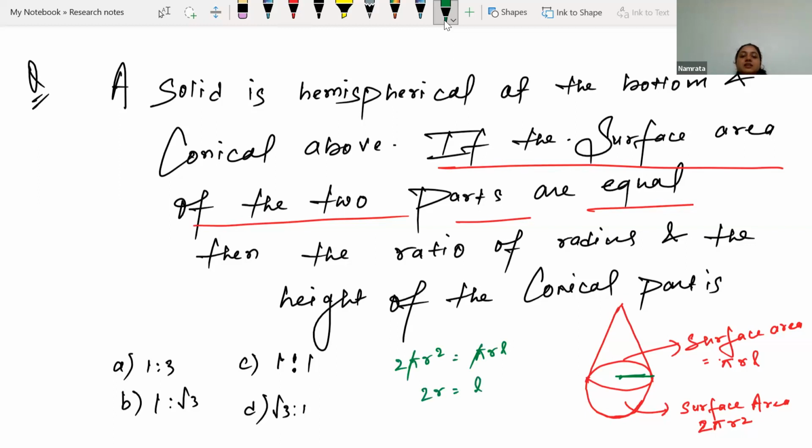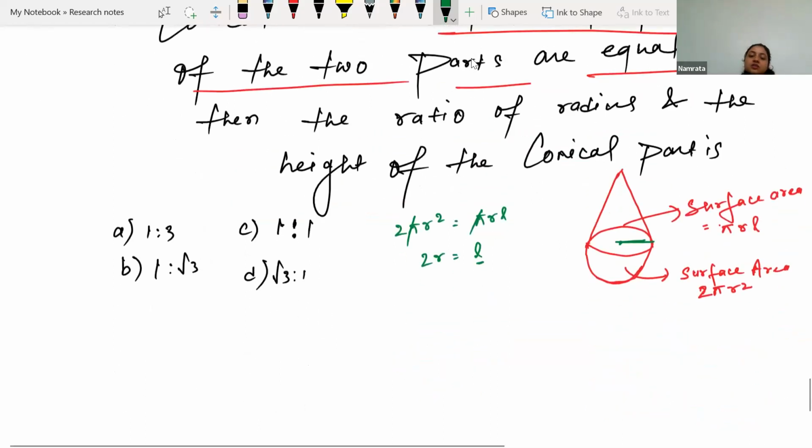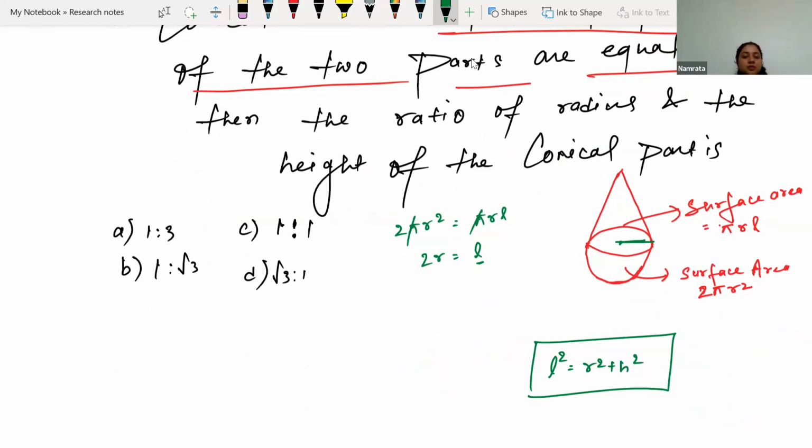What exactly it's asking? The ratio of radius and the height of the conical part. So slant height we don't need. We have to convert it in the form of height and radius. What is the formula for slant height? L square is equals to R square plus H square, that's what we know from Pythagoras theorem.